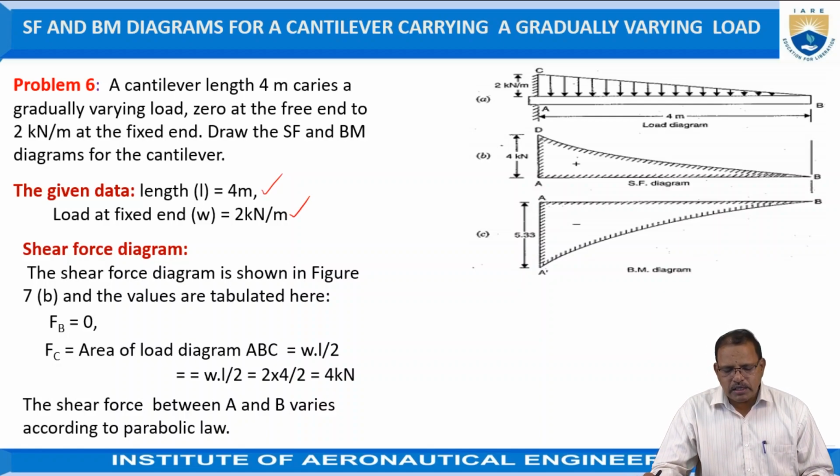So the shear force diagram is as shown in the figure. The shear force at the free end, FB, is equal to 0.